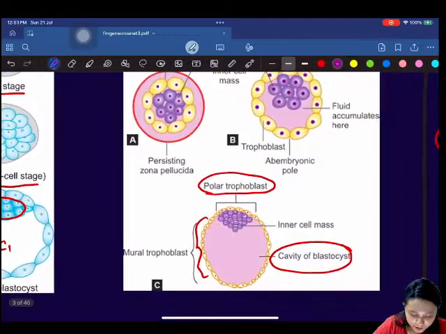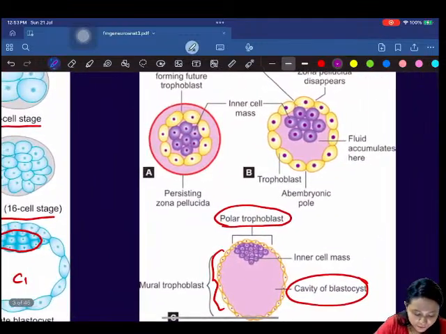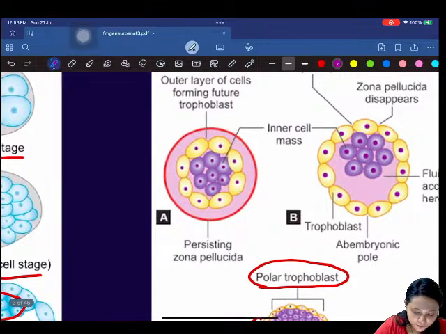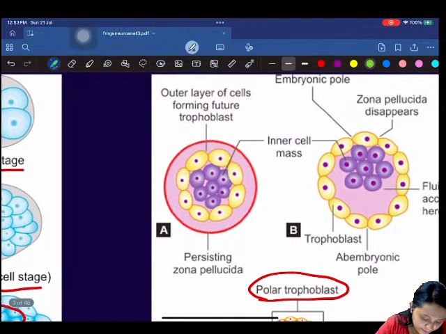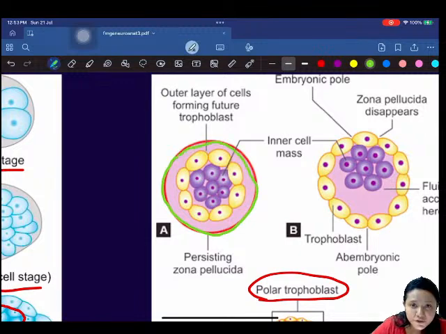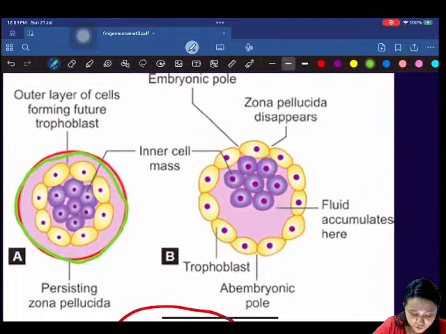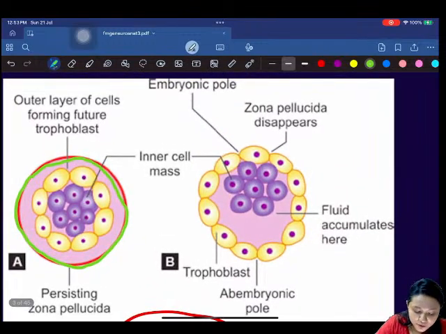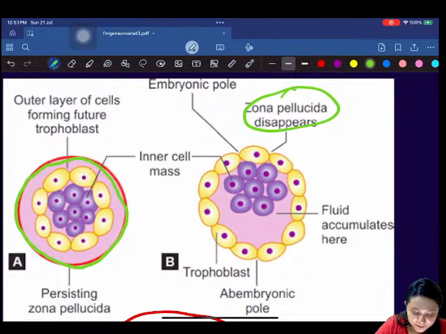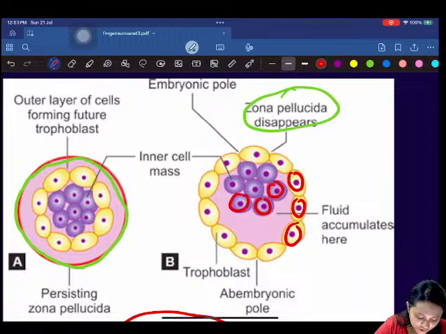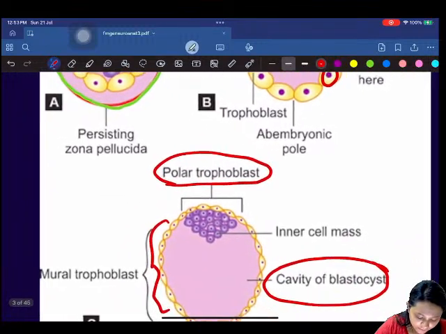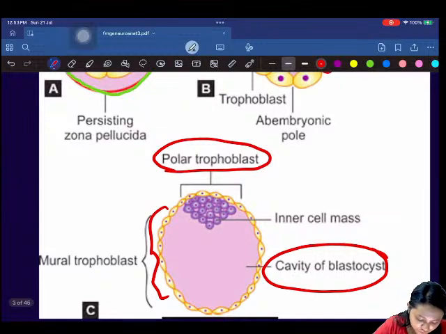So you know that there is a zona pellucida. Now the zona pellucida will disintegrate, and you have this naked mass, the outer cell mass and the inner cell mass. This will again undergo compaction, and then a cavity forms, that is the blastocele.